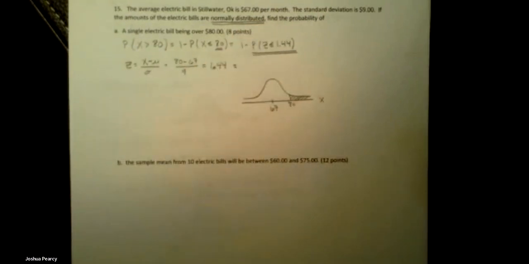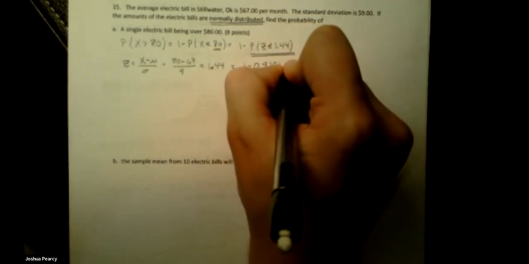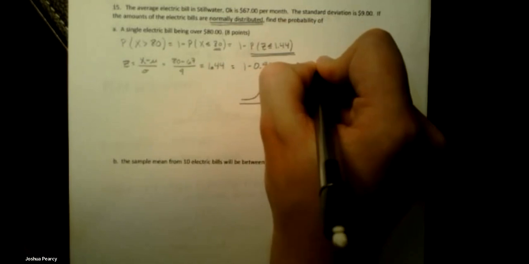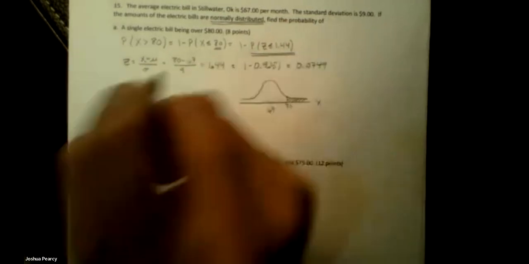The probability of z being less than 1.44: all you do is look at 1.4, intersect it with 0.04, that's 0.9251. So it's 1 minus 0.9251, which gives you 0.0749, I think.